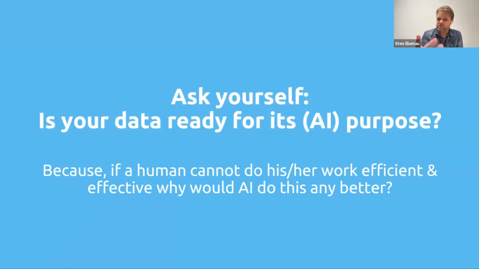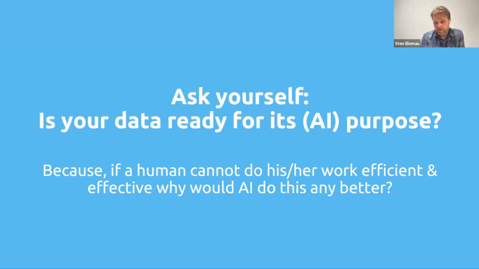Because the AI works on the same data set as your business users. So if your business users can do this properly, and of course AI can do it much more efficiently and much more quickly, but if your business users cannot do the same kind of work as the AI can do, why would the AI do this any better? It makes the same decision as a human does on the same data. So why should it be better?